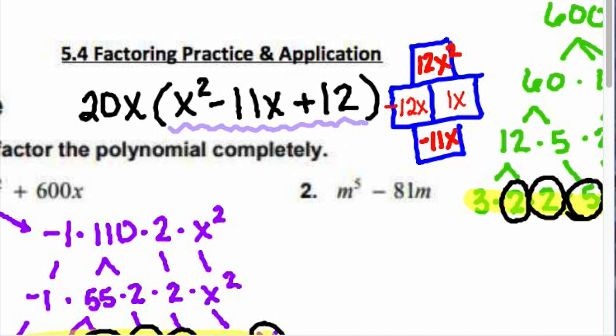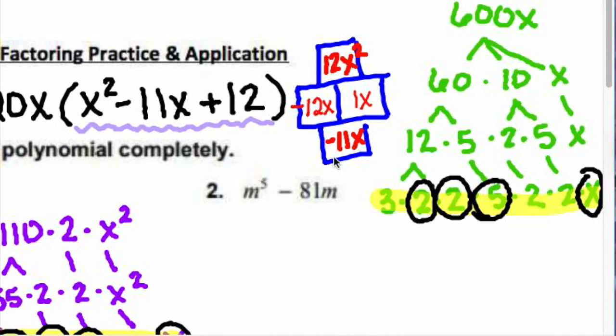So is there anything else, any factors of 12 that we can multiply together, that would also give me a negative 11? Let's run through and see what factors of 12 we have. I know I can do 1 and 12, 2 and 6, 3 and 4, and I think that is comprehensive.